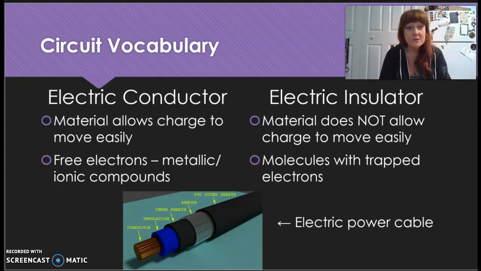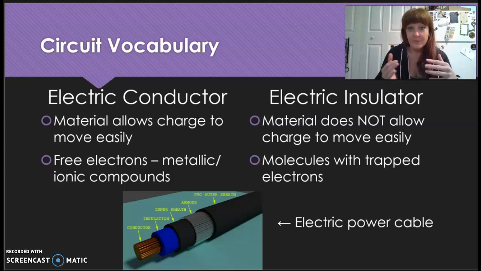So we have two general types of materials. Things that do conduct electricity are called electrical conductors. The charges, the electrons, move through there easily. Usually you have free electrons in electrical conductors. If you've taken chemistry, you know that metallic bonds are made because you have these positive ions and then you have the free electrons around them.